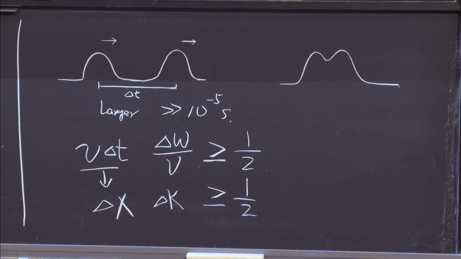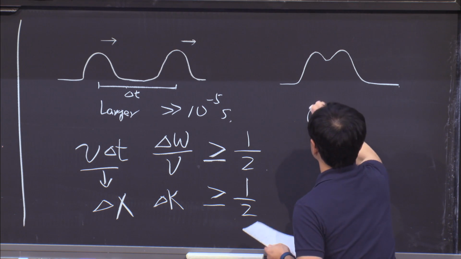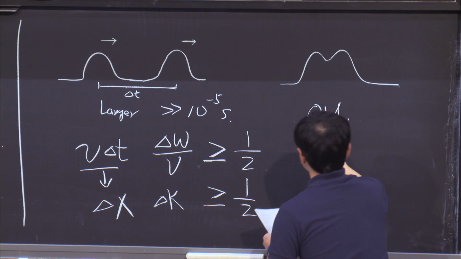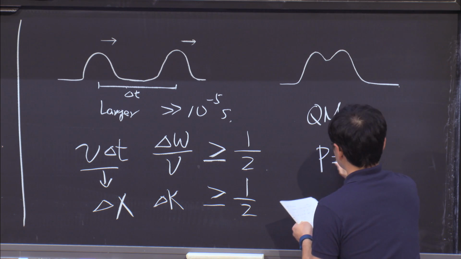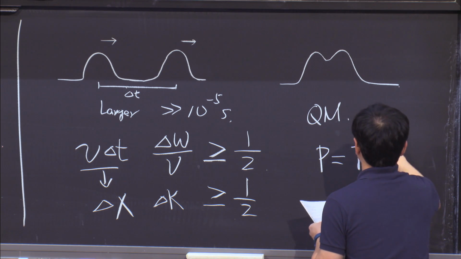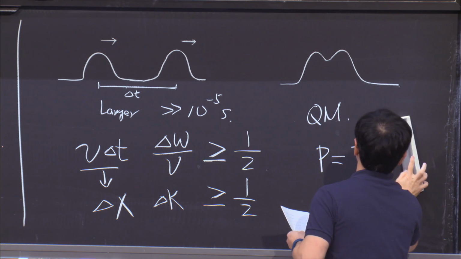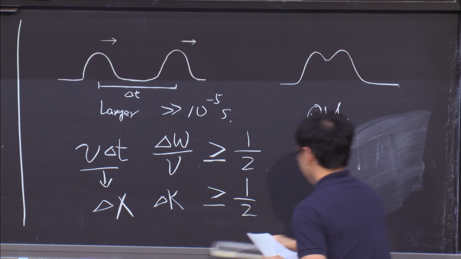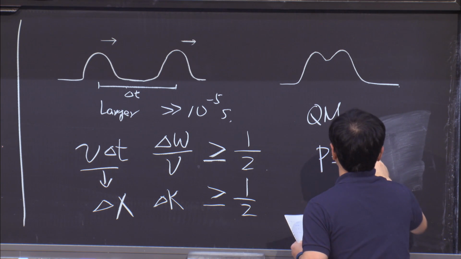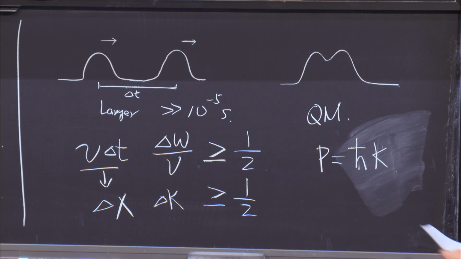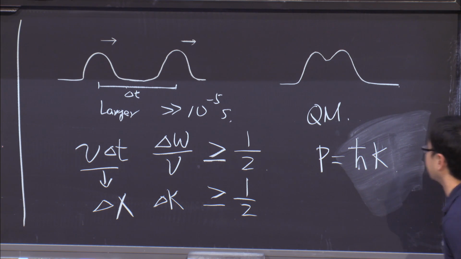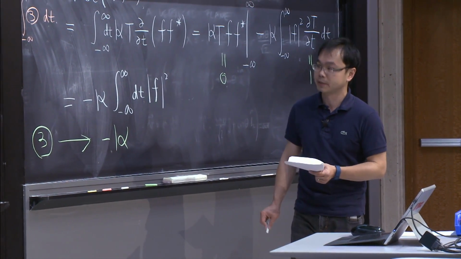Okay? In quantum physics, momentum is equal to h bar times k, and h bar is Planck's constant. Okay? You will see that a few times in L4.